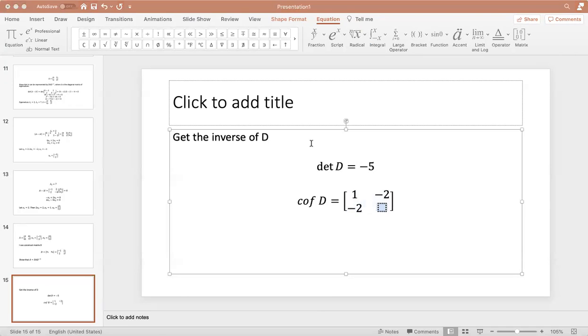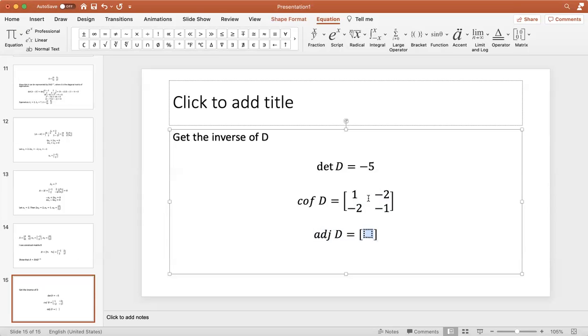And then you delete the second row, second column, you have -1. Okay. And then getting the transpose of this matrix will yield the adjoint of D. The adjoint of D will just be the transpose of this 2 by 2 matrix.